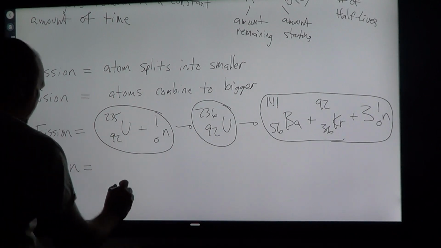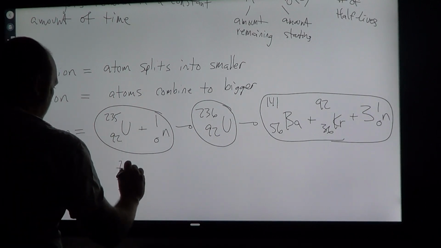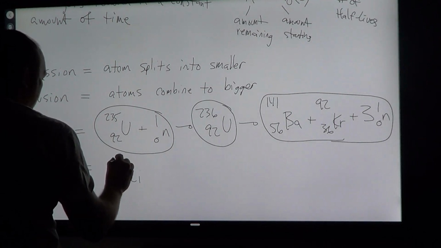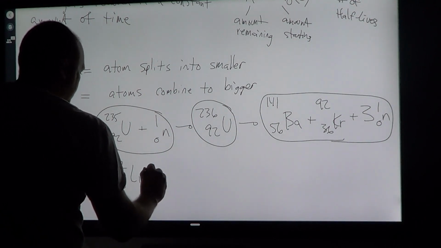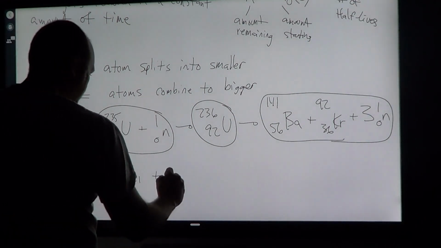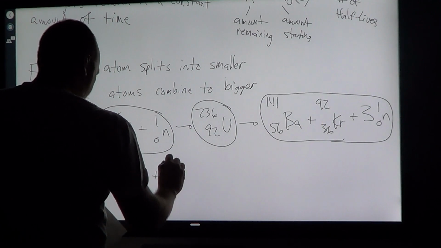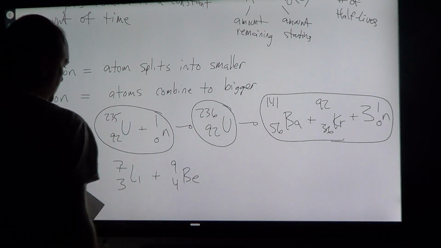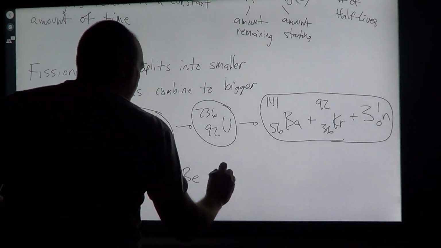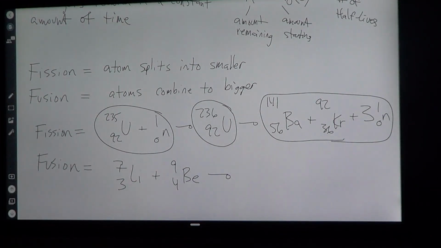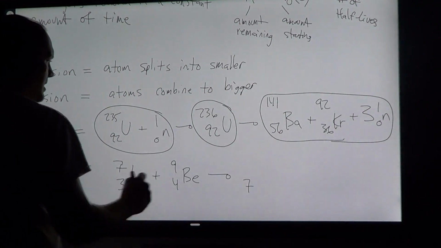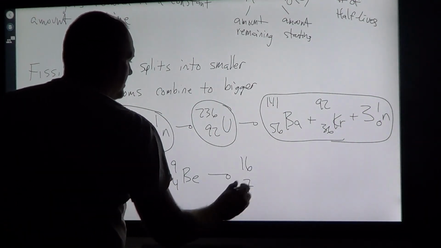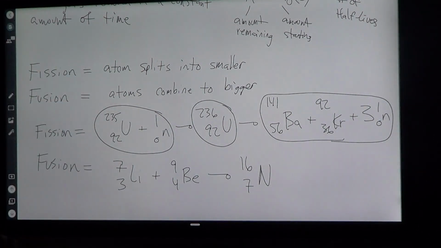So for instance, if you were to take a typical lithium atom and accelerate it, and were somehow able to get the lithium nucleus to combine with a beryllium nucleus, you could create something with 7 protons and a mass of 16, which would be a nitrogen isotope.